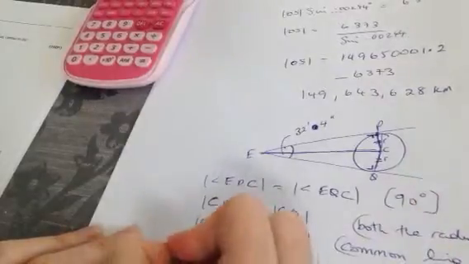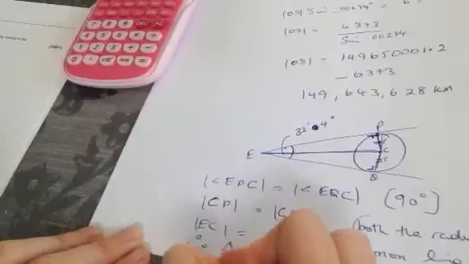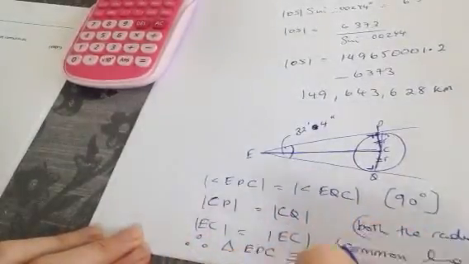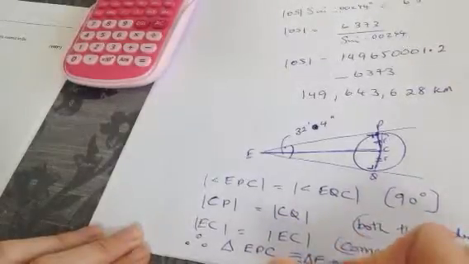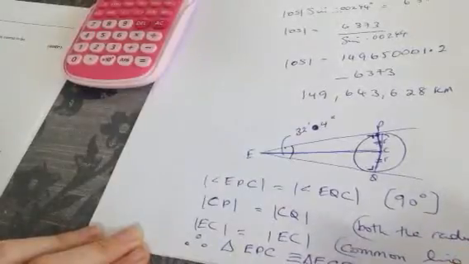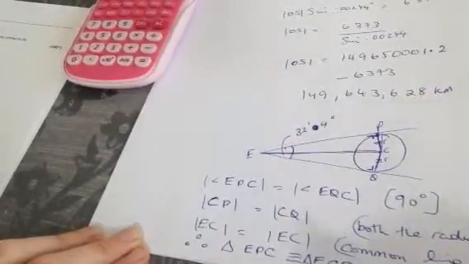Which means the triangles are congruent. The triangle EPC is congruent to the triangle ECQ because of a right angle, the hypotenuse are the same, and another side.